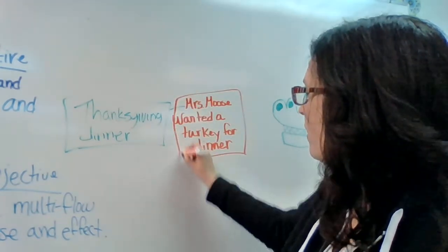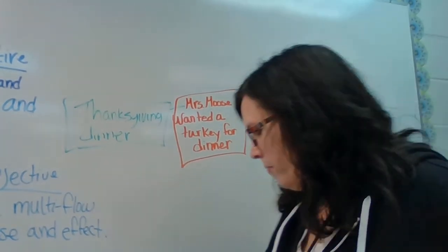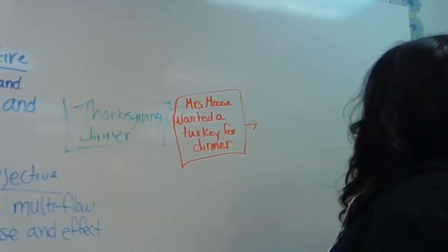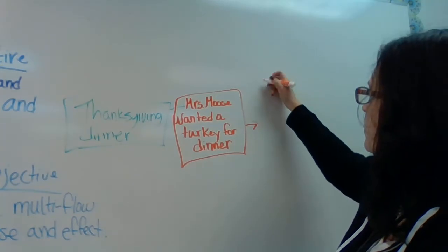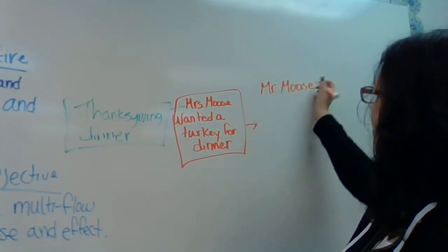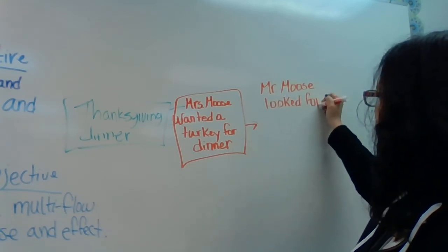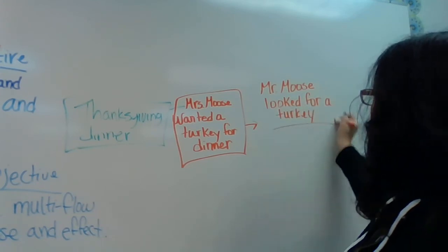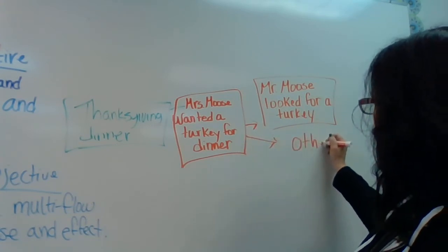Mrs. Moose wanted a turkey for dinner, right? Okay, so because she said to Mr. Moose, I want a turkey for Thanksgiving dinner, so then Mr. Moose looked for a turkey, right? And then other animals joined in his hunt, right?